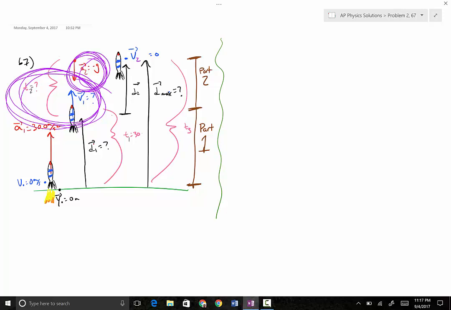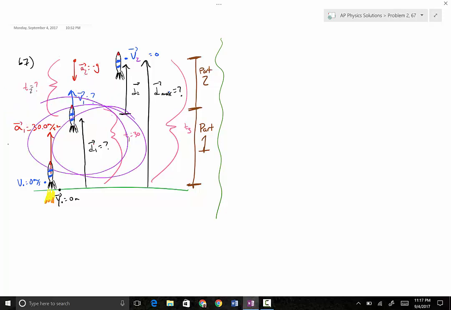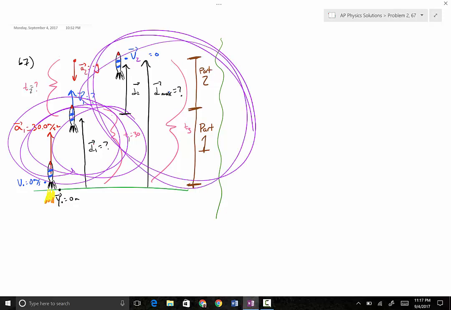After that, the problem just continues. I could have broken this up into two parts, one where the positive acceleration is happening, and one where the negative acceleration is happening.